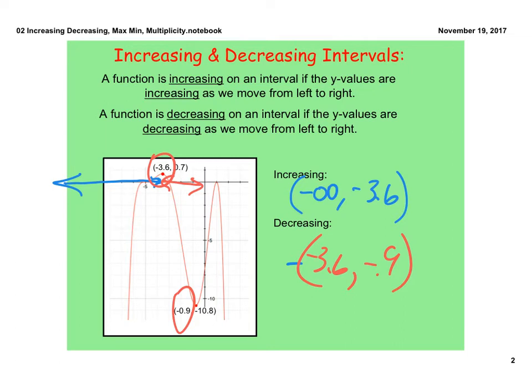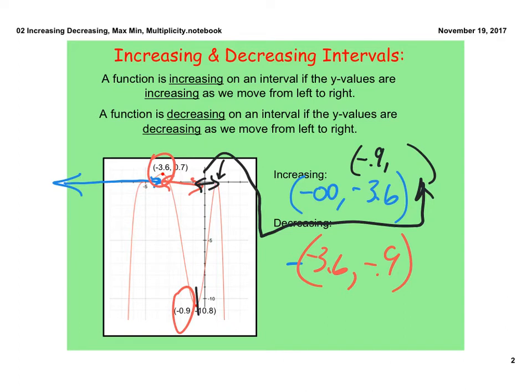Was it also increasing again somewhere else? Yes, so I have to add another increasing interval. And I'm going to add that in black. In this little interval right from here to here, the x value is all that matters, -0.9 to, well, what's the x value at this spot?